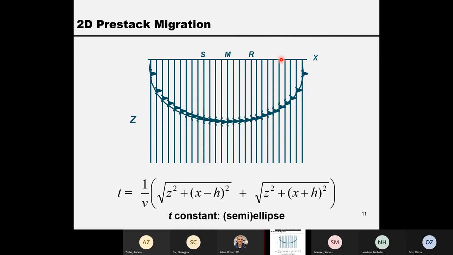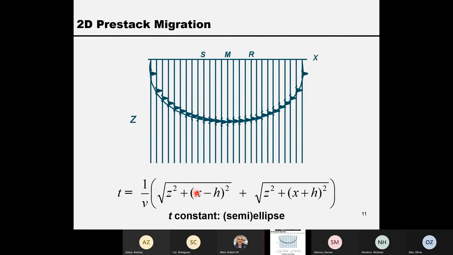So for common offset section, that sample can be from anywhere along this curve, right? So you have source, receiver, offset. We call it h here. That's the midpoint x.